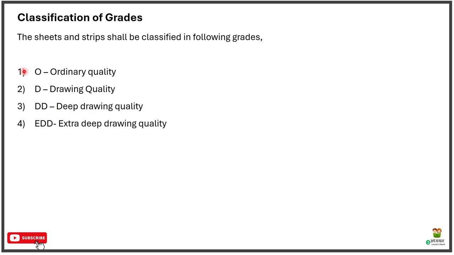It will generate a crack and fail if we want to deep draw. So which grade to be selected depends on the manufacturing processes used to manufacture the final product. So all these four categories are defined based on the manufacturing process.